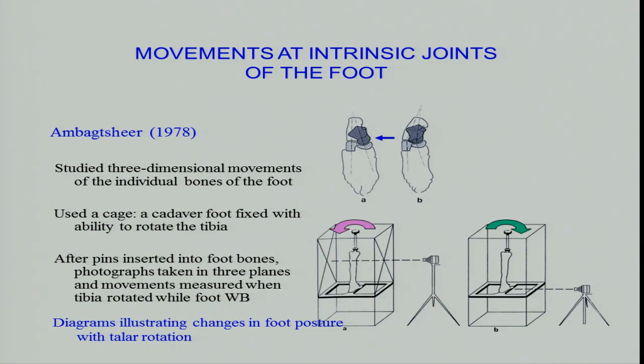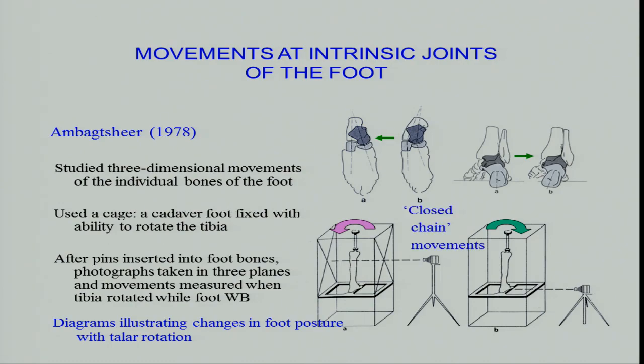And these were his diagrams that he ended up with in the coronal plane. Although there was a stopper opposite the cuboid, you can see very clearly the lateral swing movement of Lewis at the transverse tarsal joint and the internal and external rotation of the talus. In the coronal view from the back, his talus remains reasonably horizontal.